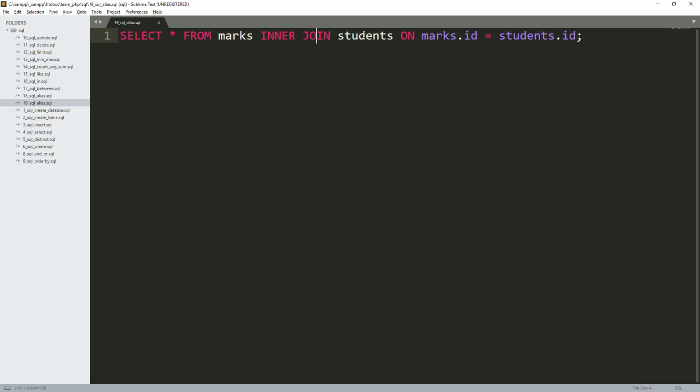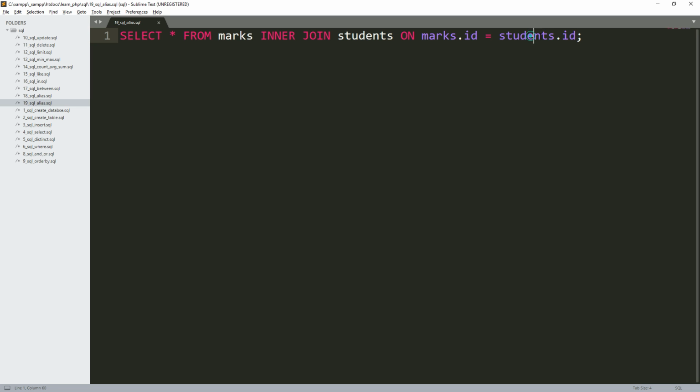Just say inner join, then you specify the table, and then the ID that should be used to link the two, because every mark should be assigned to a particular student. So to give this rule, you say that the marks ID column should be equal to the marks student column for these particular rows to be joined.